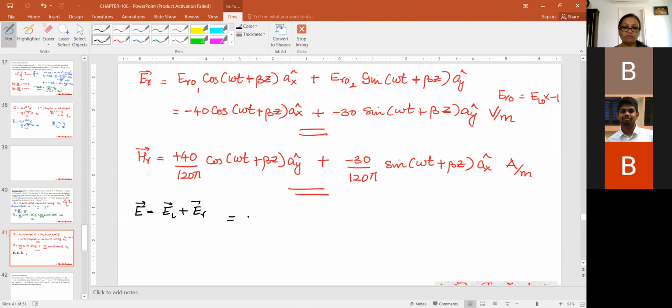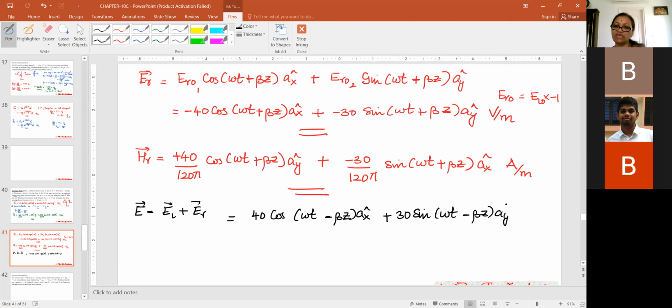It will be 40 cos omega t minus beta z a x cap. Correct me if I make any mistake. Plus 30 sine omega t minus beta z along a y cap.